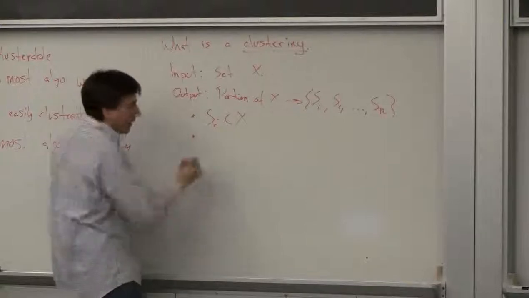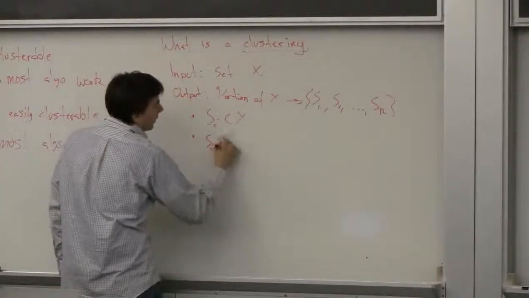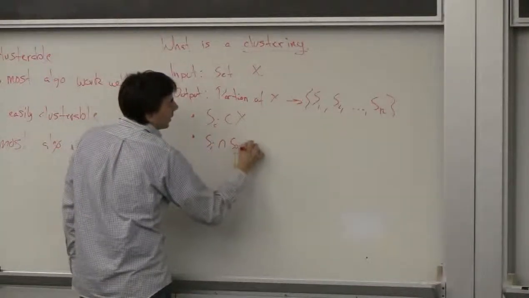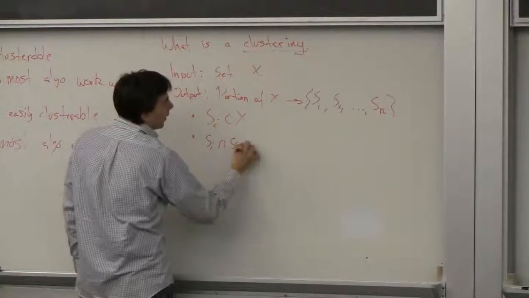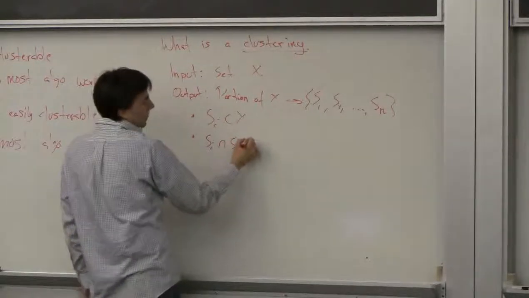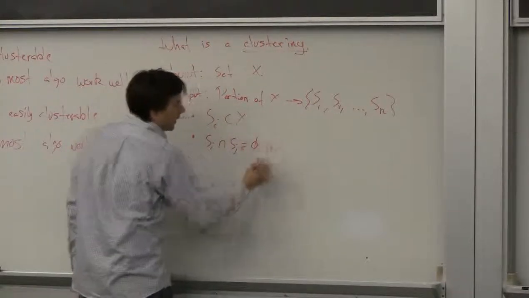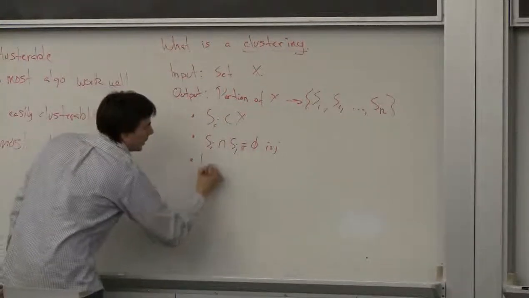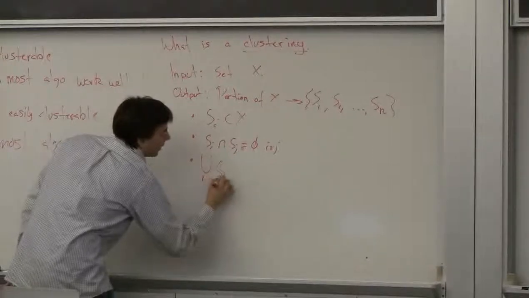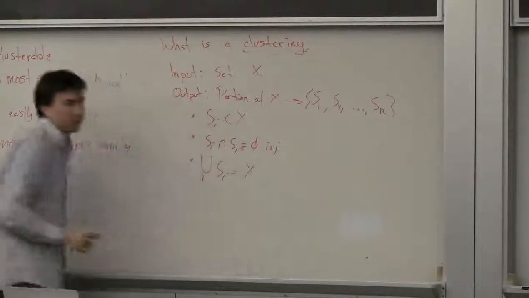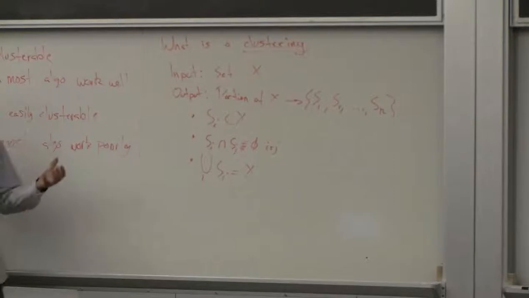that Si intersect Sj is going to be equal to the empty set for i not equal to j, and that the union over all i of Si is equal to X. Right? So it's a complete partition of the data.